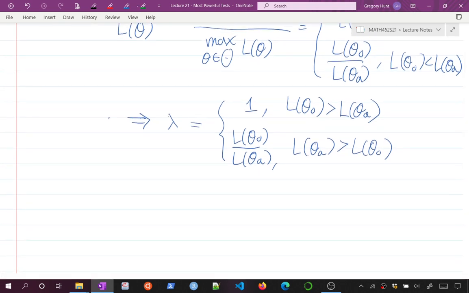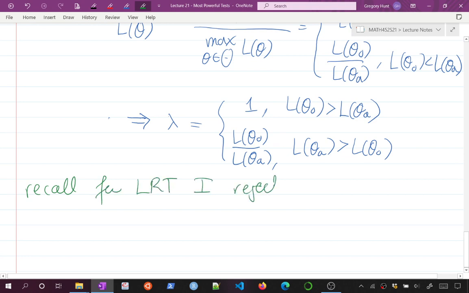Recall that for my LRT, I reject my null hypothesis if lambda is small, below some threshold C. In reality, we determine the threshold so that we control our type 1 error.